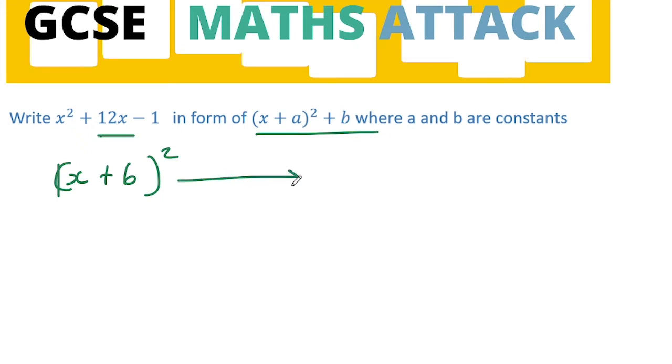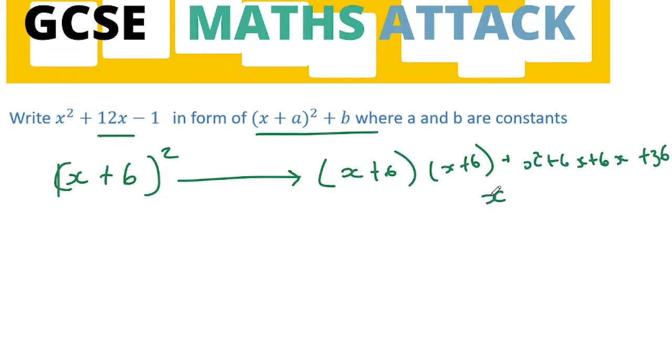If I was going to expand this, you don't necessarily need to expand it, but I just need you to see something. So x plus 6, x plus 6. So you have x squared plus 6x plus 6x plus 36. So you have x squared plus 12x plus 36. But you don't want your answer to be plus 36.